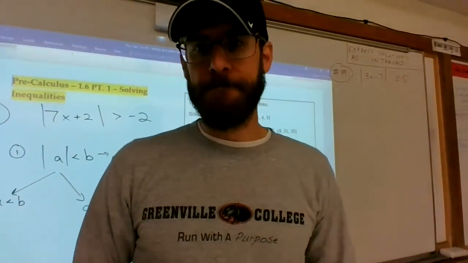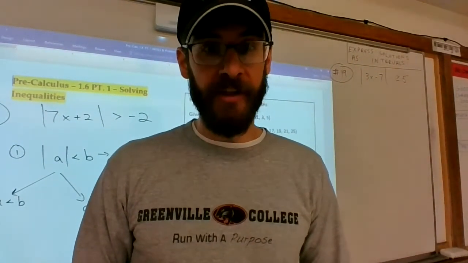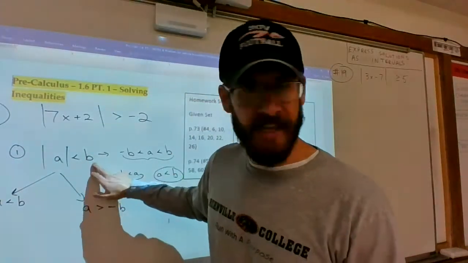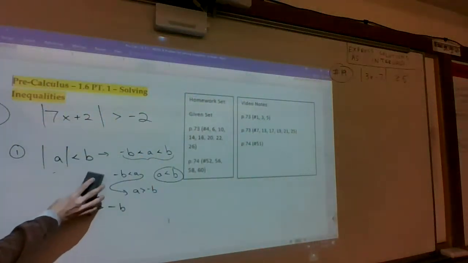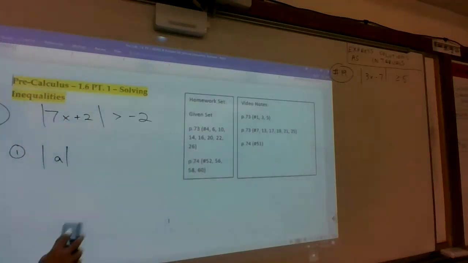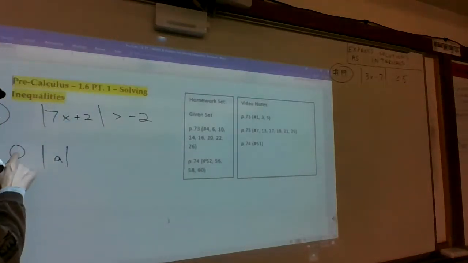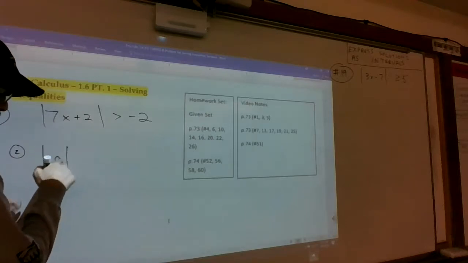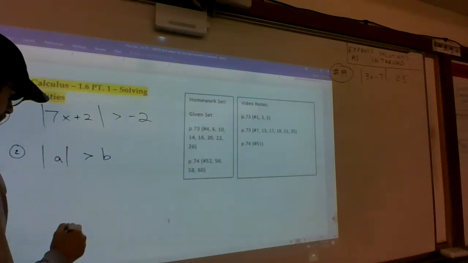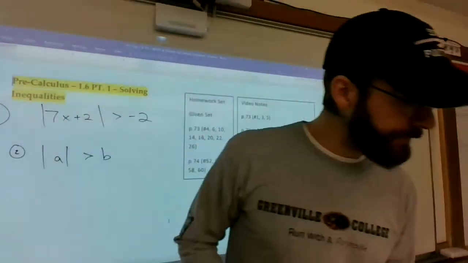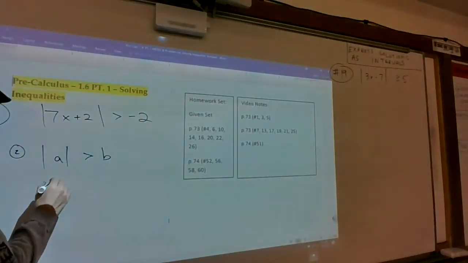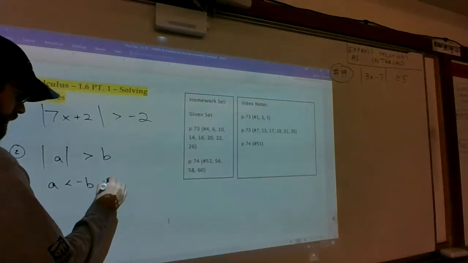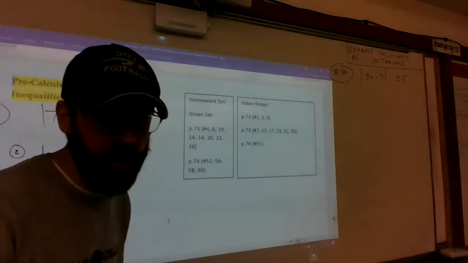All right. What happens when it's a greater than instead of a less than? If it's absolute value of A is greater than B, the textbook states it's equivalent to A is less than negative B, and they use the conjunction or, not and.